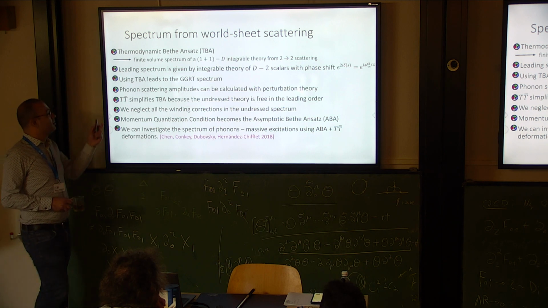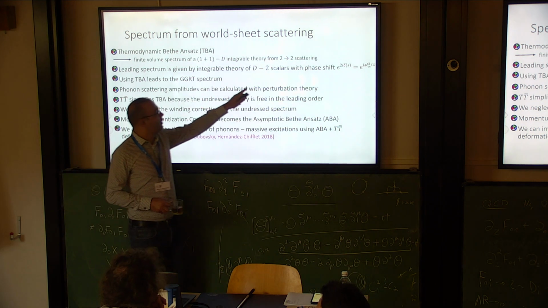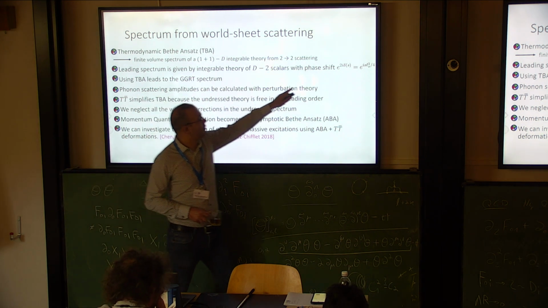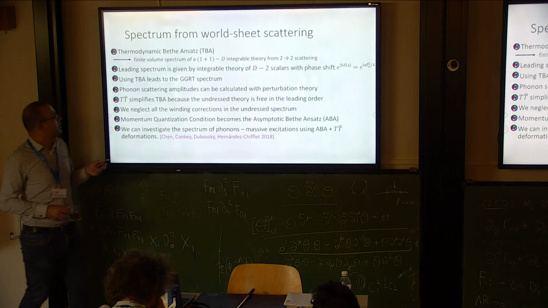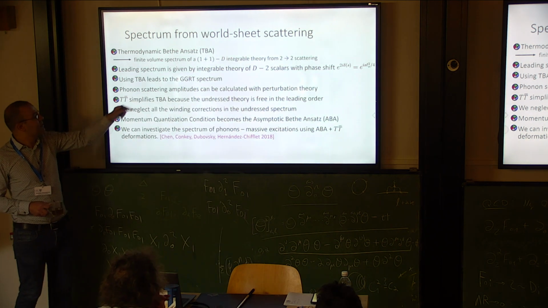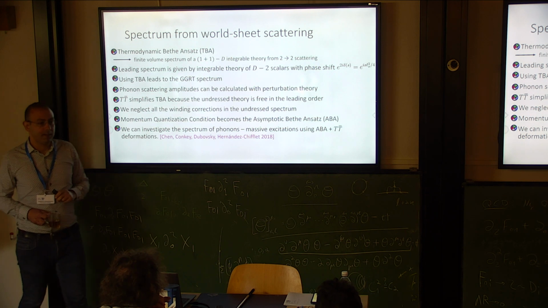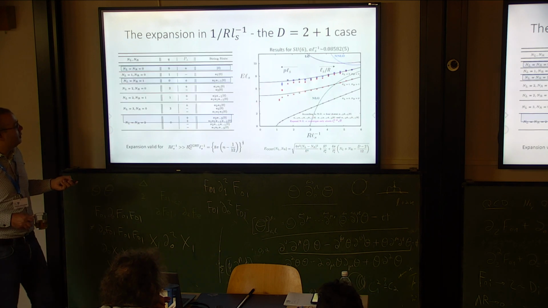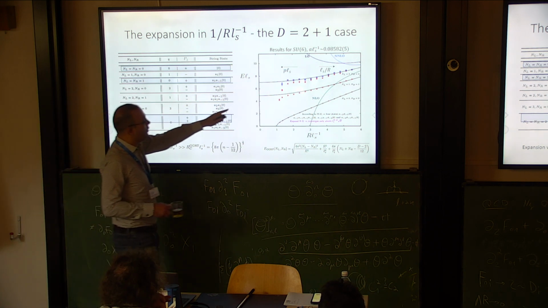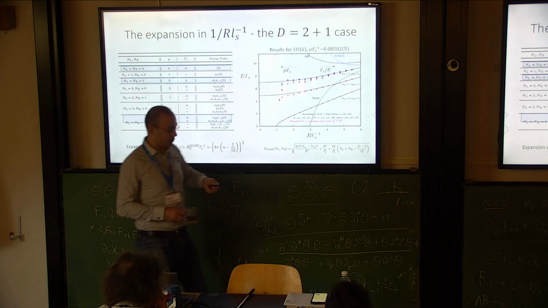The leading spectrum is given by an integrable theory of D minus 2 scalars with this phase shift. And using the TBA at leading order, this leads to the GGRT. And no wonder that GGRT, what I showed you here, works so well for the flux tube spectrum.